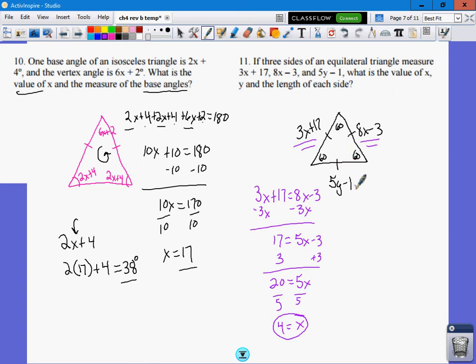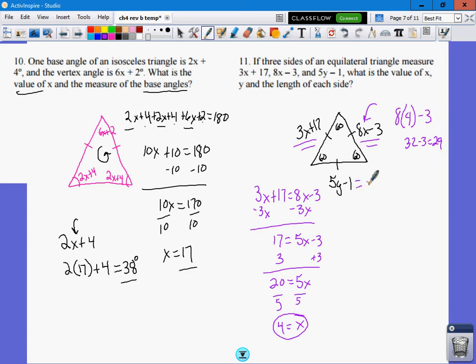Well, y is going to be difficult to find until I find the value of a side. So I'm going to plug that 4 back in. 8 times 4 minus 3. 8 times 4 is 32. 32 minus 3 is 29.